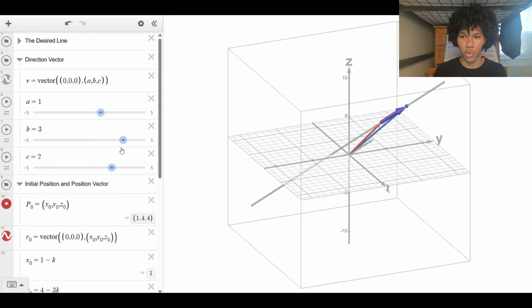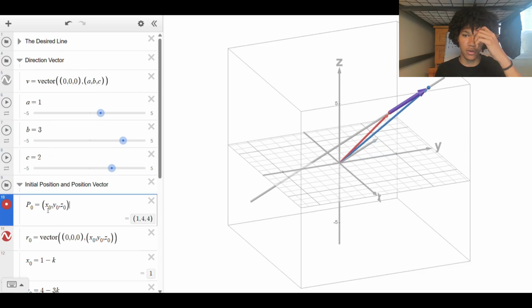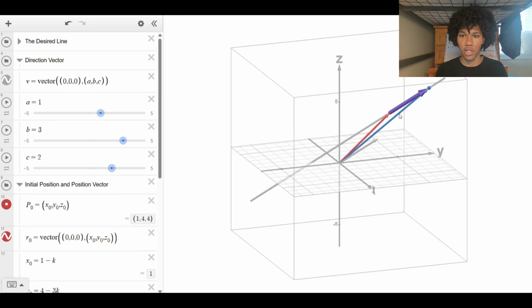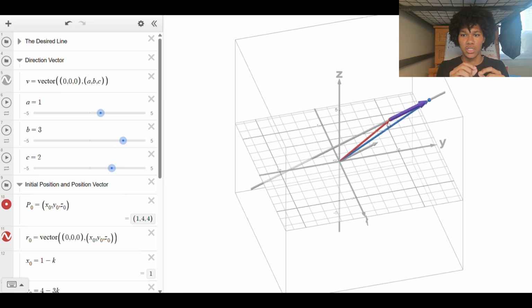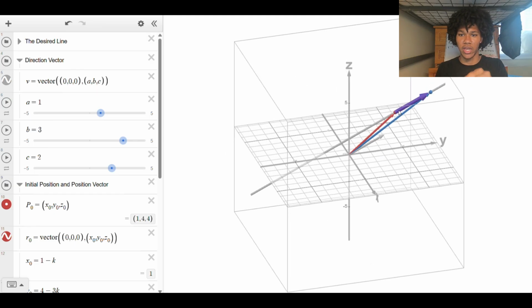Say I'm given coordinates for this initial position as x0, y0, z0. If you can visualize it, every time we want to move along this line, we're taking little jumps in a certain direction, no matter how big those jumps are. They just have to be in that direction. What that means is we're starting at this point and we're taking jumps that have x, y, and z components that are multiples of this direction vector.